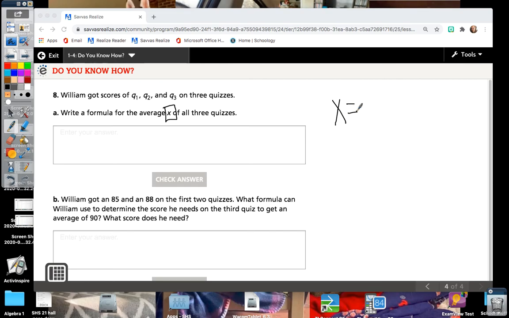So x is going to equal, when finding average, you just add all of your scores up, so Q1, Q2, and Q3, and you divide by how many there are. We have 3 quizzes, so we're going to divide by 3. So that's your formula for your average. Add them all up and divide by however many there are. If there were 5 quizzes, we divide by 5.